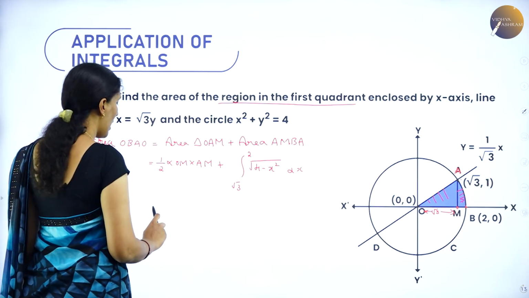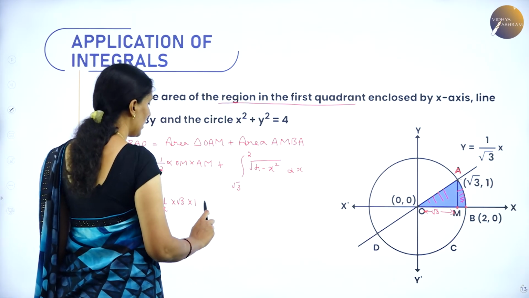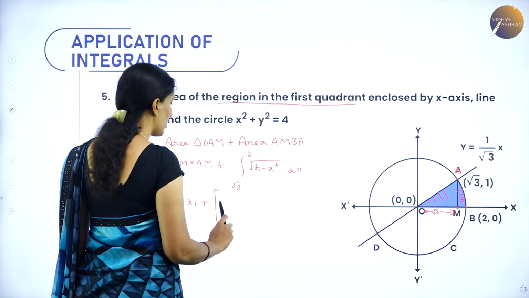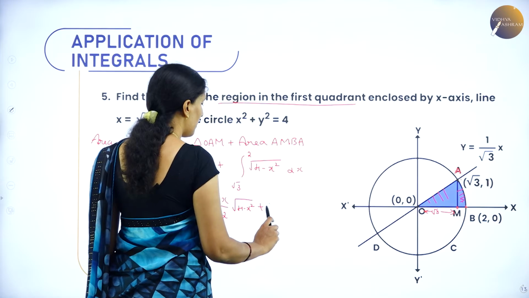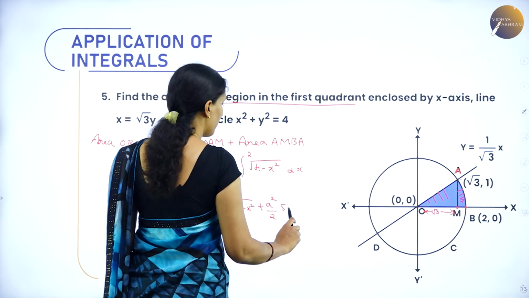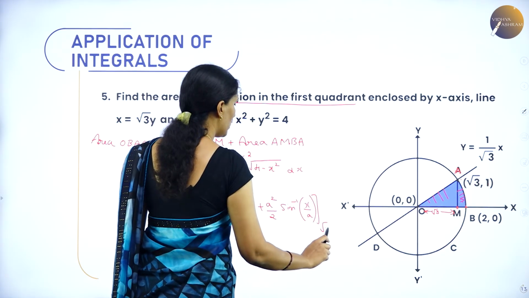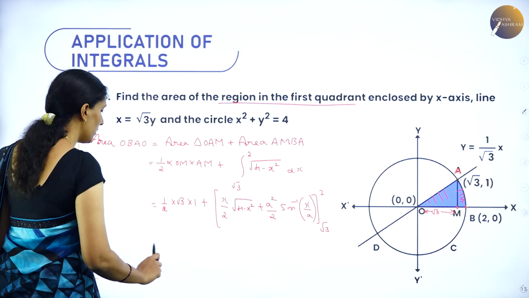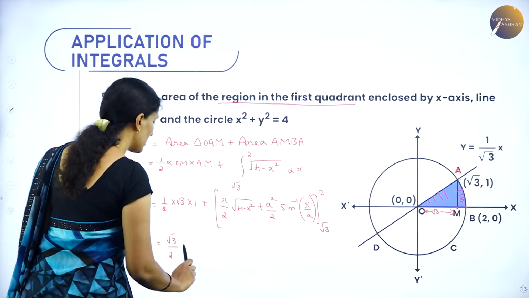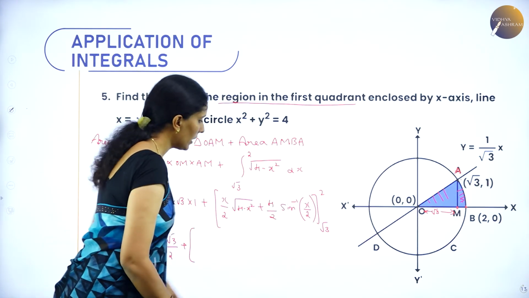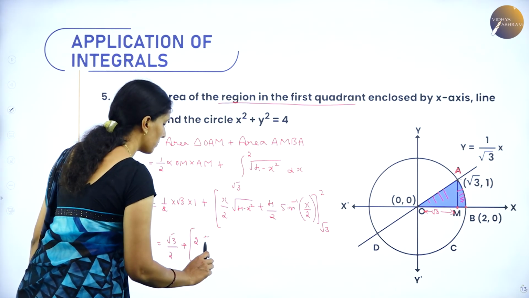Now here we have half into root 3 into 1, and here if you apply this, we get x by 2 root of 4 minus x square plus a square by 2 sine inverse x by a with the limits root 3 to 2. Now this becomes root 3 by 2, and let us apply the limits for this now. So now here I will get 2 times sine inverse 2 by 2, which is pi by 2.